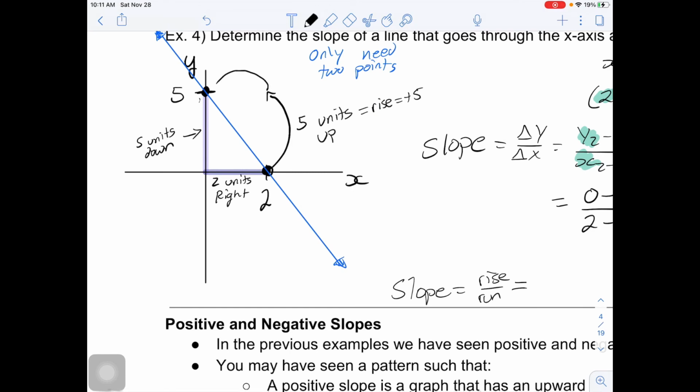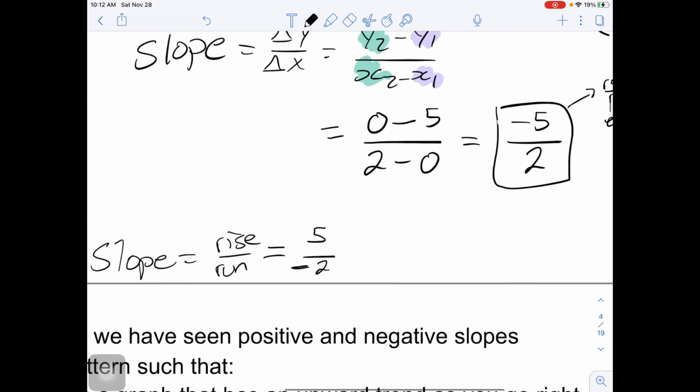And then I have to go 2 units back or 2 units left. So I'm going to put a negative because it's left. 2 units left, and this is our run. So my run is -2, so -2 on the bottom. My rise is 5 units up, so it's positive 5. And you get the same answer, right?